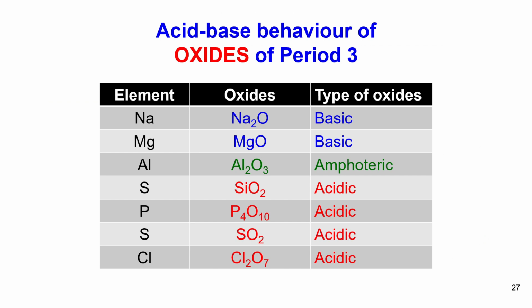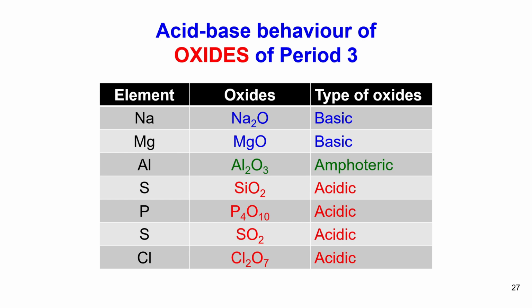So secara ringkasnya, we can say that acid-base behavior of oxides of period 3, elemen yang kita ada: sodium, magnesium, aluminium, silicon, phosphorus, sulfur, chlorine.